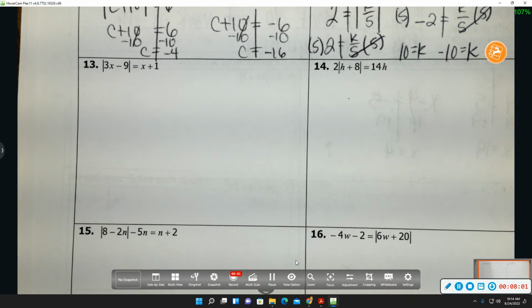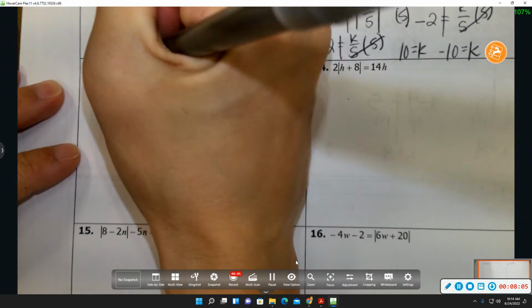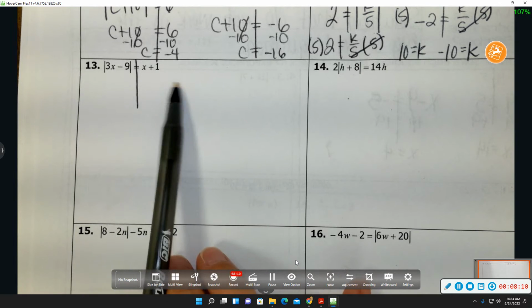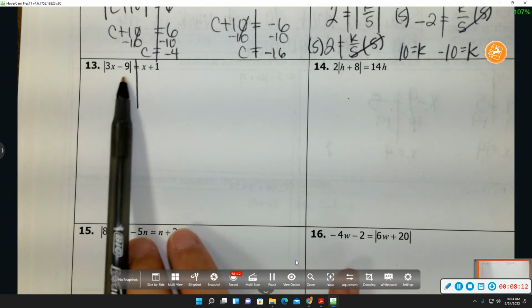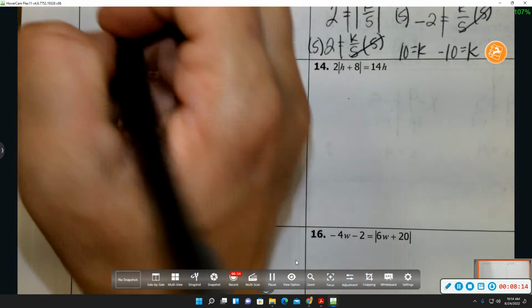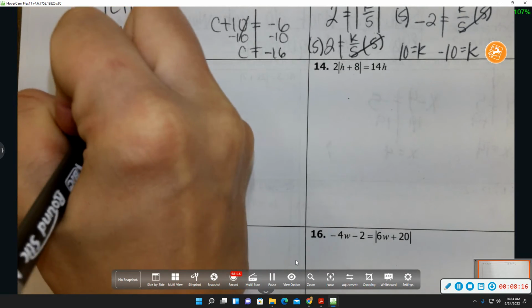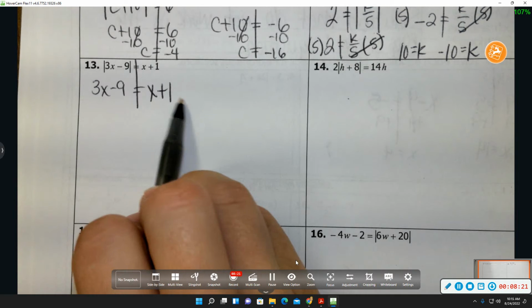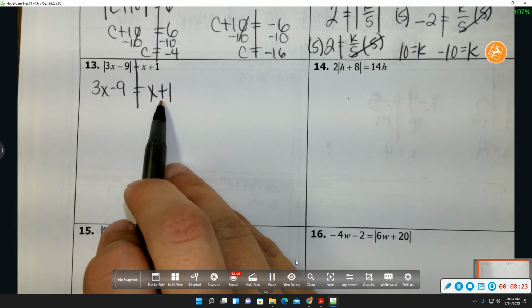Whenever you have it equal to an expression, you're still going to draw your line and ask, which side is my absolute value on? It's on the left. Is there anything outside of it? No, there's not. So I can drop my absolute value and leave what it was set equal to originally.